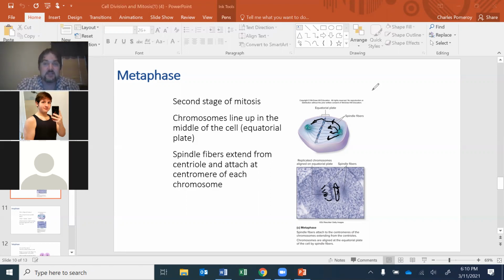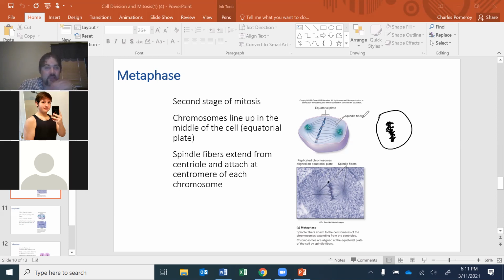Metaphase is very easy to recognize because the chromosomes, which stain a purple or dark color, all line up in the middle, and you'll see this dark line right down the middle of the cell. So if you look at a cell and you see a dark line right down the middle, that's metaphase.